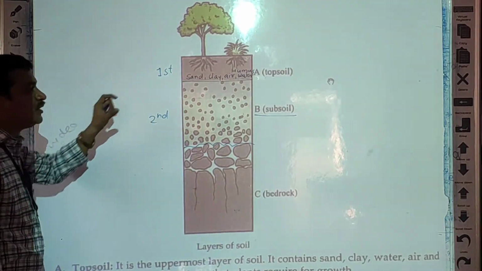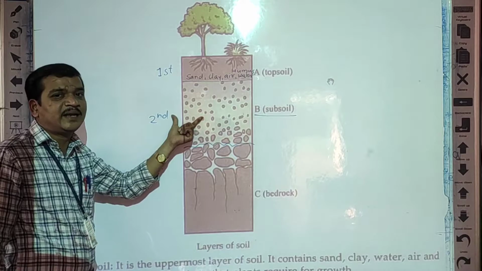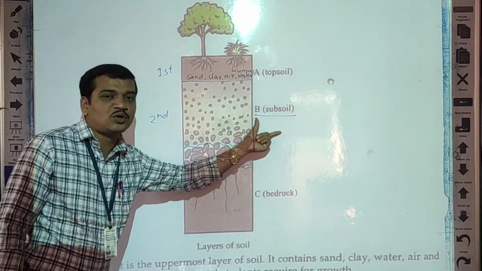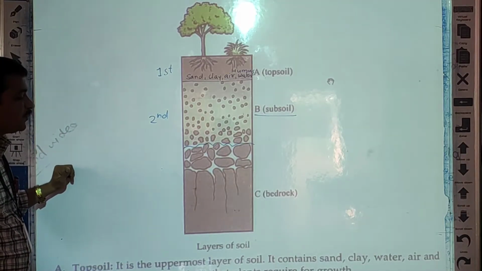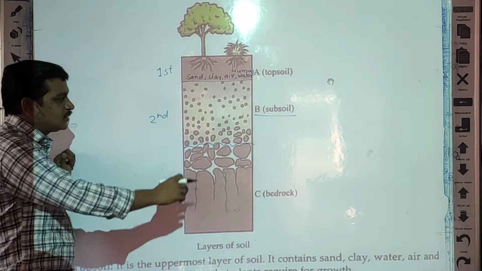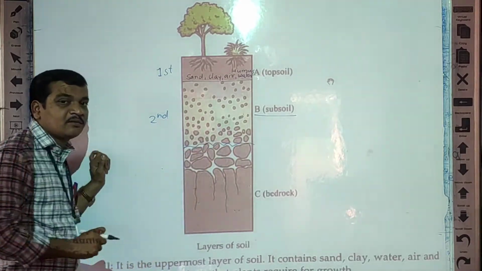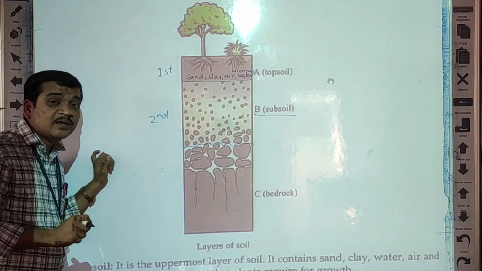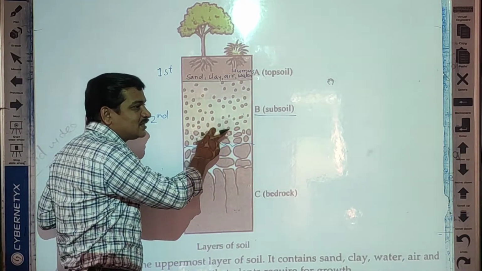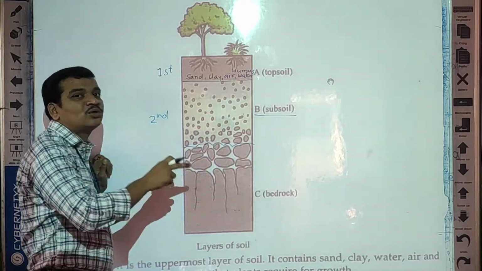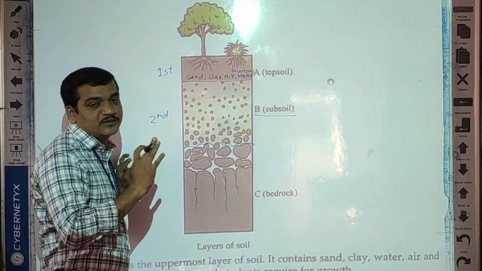So below the topsoil there is one more layer that is called subsoil, and this subsoil consists of some sand particles and some clay particles, but this layer contains a very small amount of organic material, that is, humus.